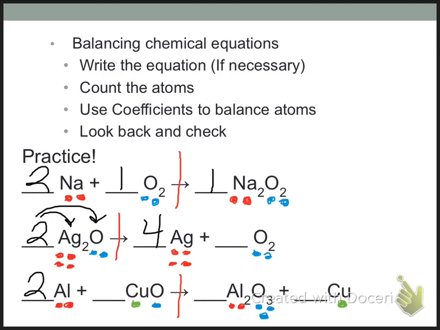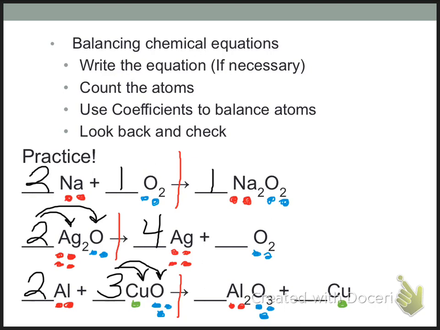Now, I need to increase the one on the left-hand side, which just has 1 oxygen. What can I multiply by 1 to get to 3? I'm going to put a 3. Now I have 3 oxygens on the left-hand side. But remember, just like I did in the previous equation, this 3 does go to the oxygen, but it also goes to the coppers.